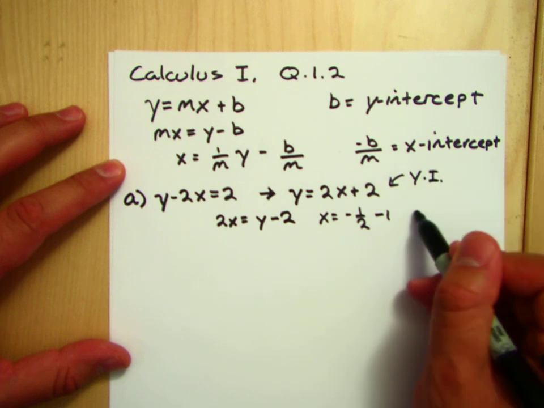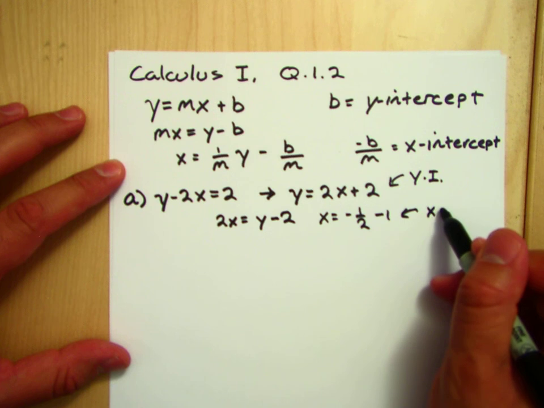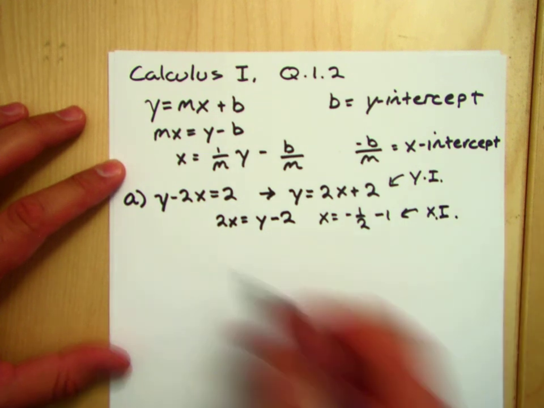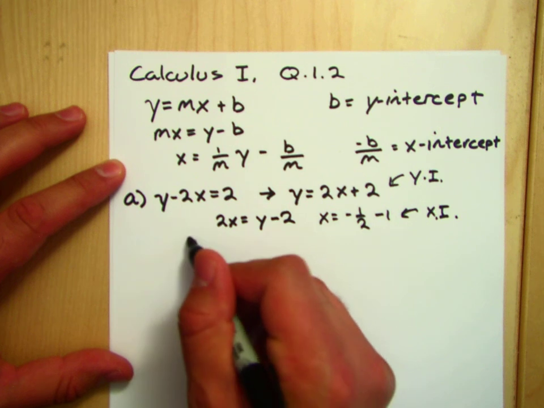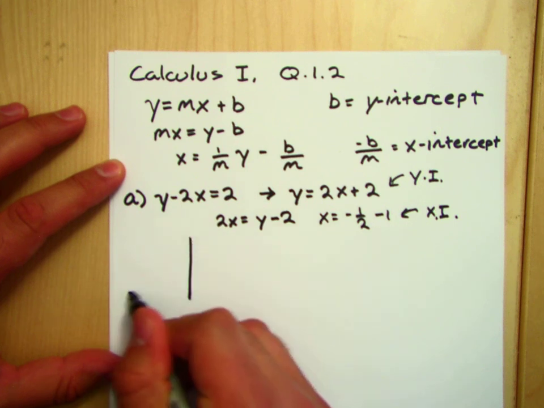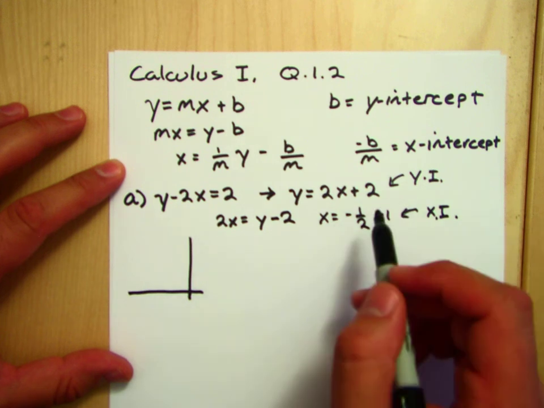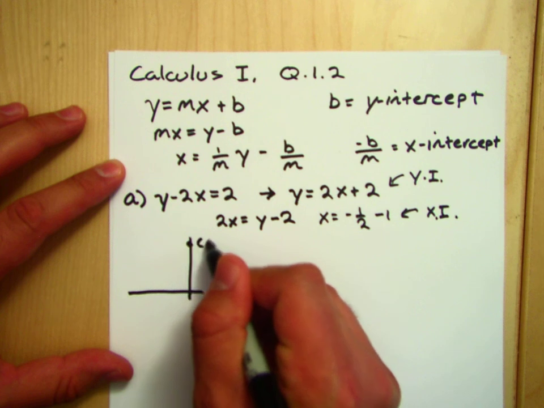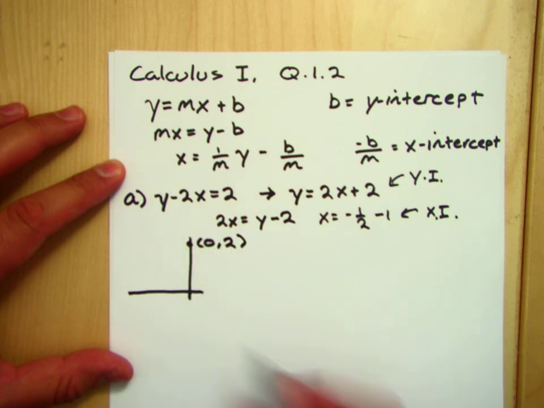So that's the y-intercept. The y-intercept is 2, and negative 1 is the x-intercept. Now, if we're going to graph this, those 2 points, the y-intercept is 2, so that's a point of (0, 2).